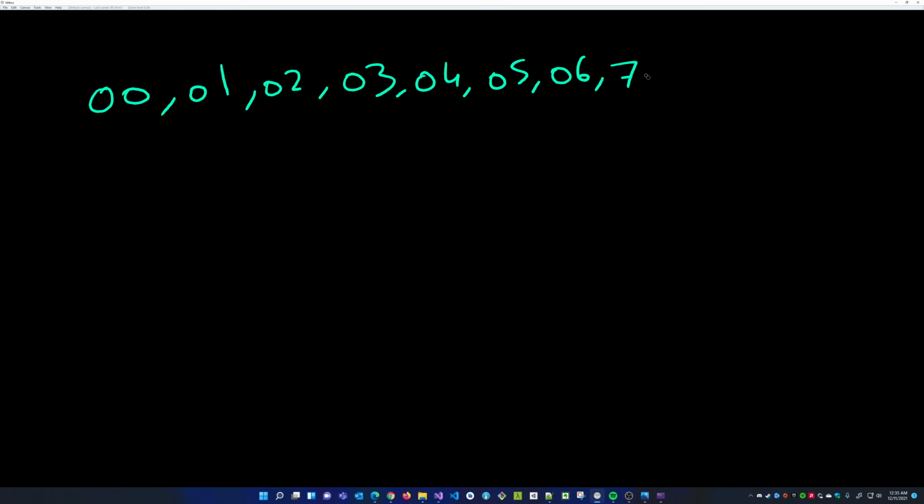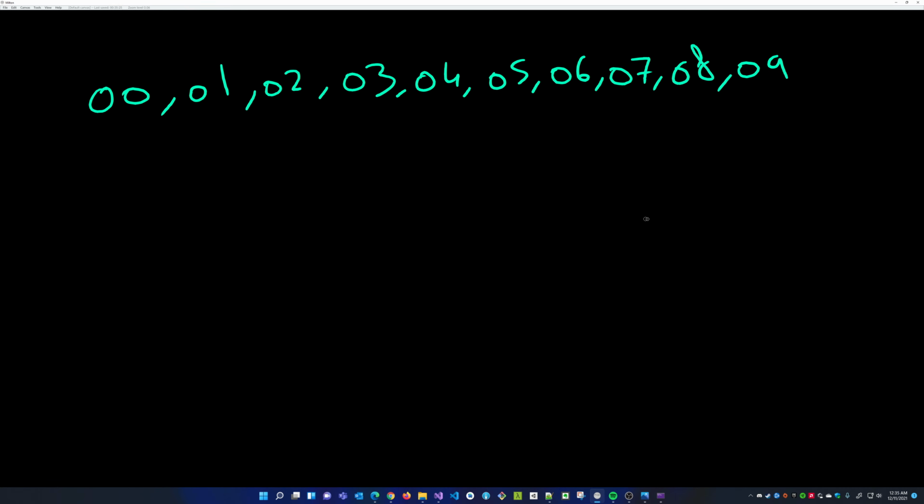This is our normal everyday number system. We have 0, 1, 2, 3, 4, 5, 6, 7, 8, and then 9. We reached 9.